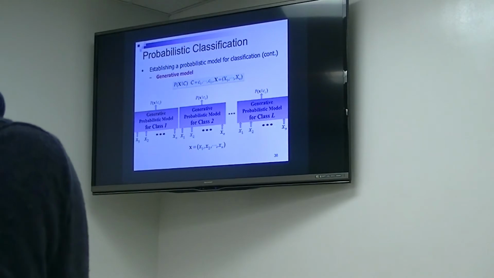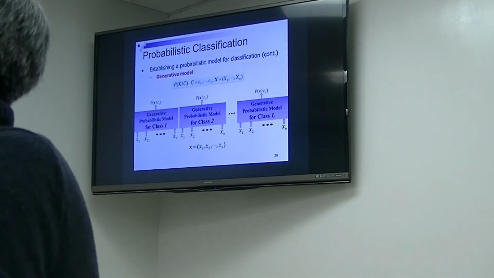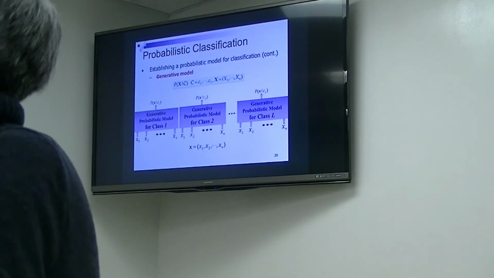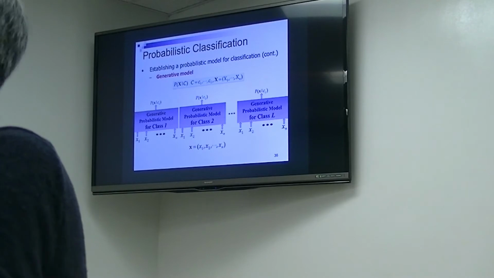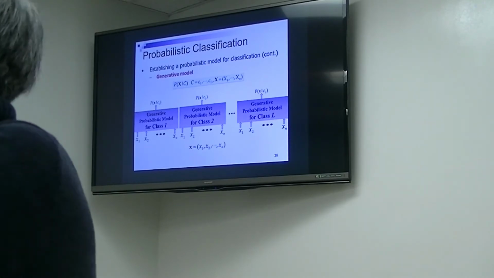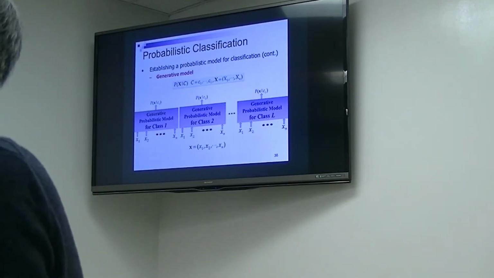Combine means joint. It's a joint probability. However, if you make the joint probability, each feature will be correlated, right? They are related. You cannot just multiply.